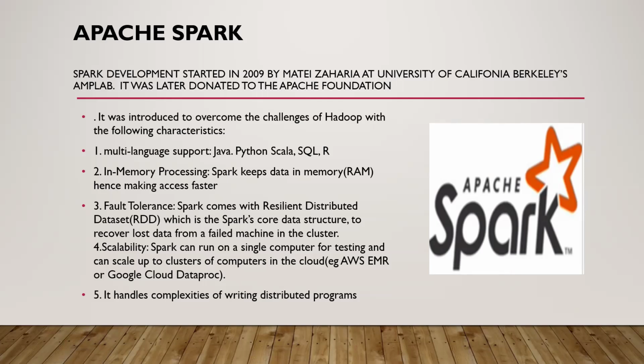Spark provides a high level capability. You won't go into details of writing the program manually. Once you are able to assign who is the worker, who is the manager, the cluster manager is able to understand that this job needs to be distributed to these computers without you writing the code for that distribution.